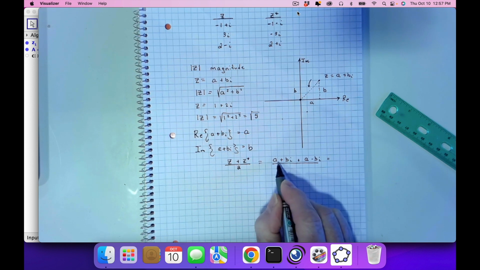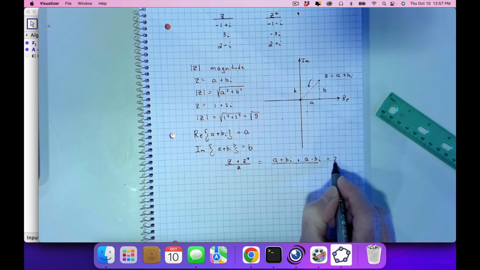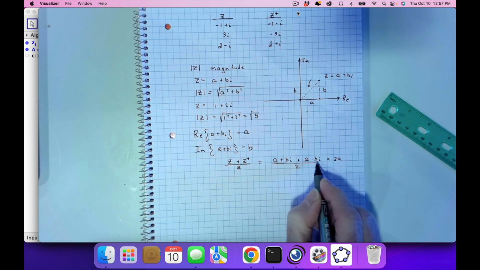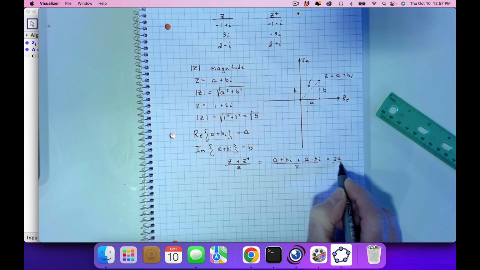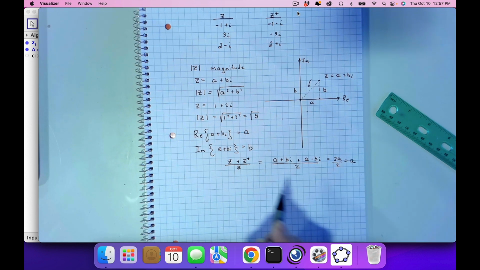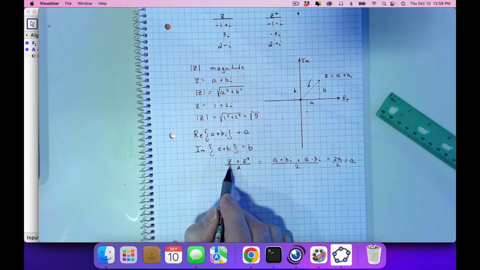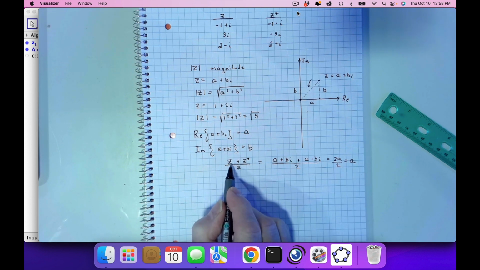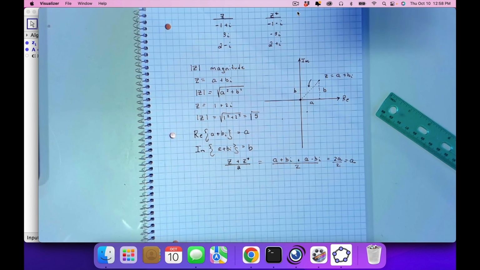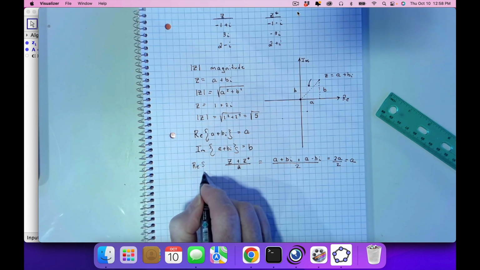To add complex numbers, the real parts add, which gives me 2a, and the imaginary parts add, which cancel out. So the real part of a complex number can be found by adding the number to its conjugate and dividing by 2. And that gives you the real part of z.